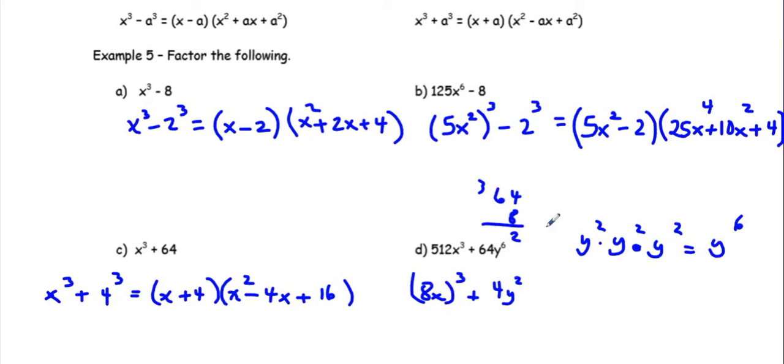So this is y to the 6th. So you really just, to get the cube root of an exponent like that, you divide by 3. Okay, so this is 4y squared, in brackets, cubed.